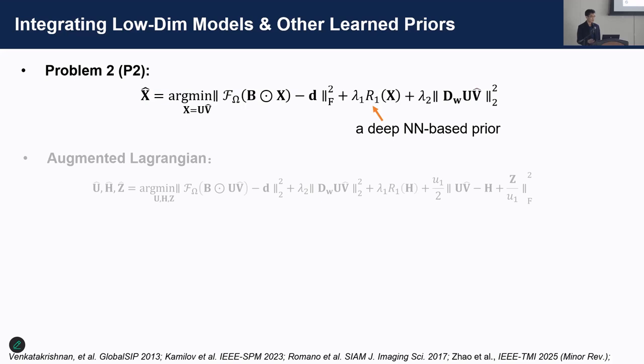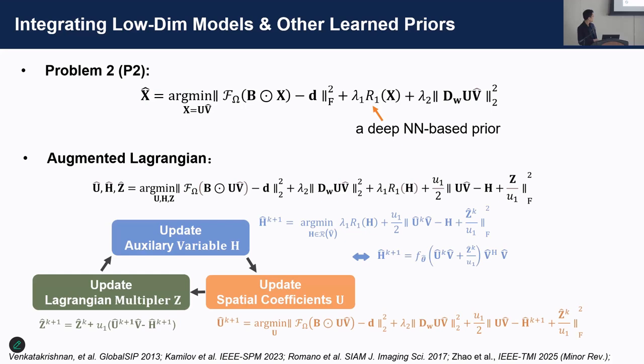Using the idea from plug-and-play ADMM, this problem can be decomposed into iterative steps among three sub-problems. The orange block is a very typical quadratic regularized rank-constrained least squares problem.